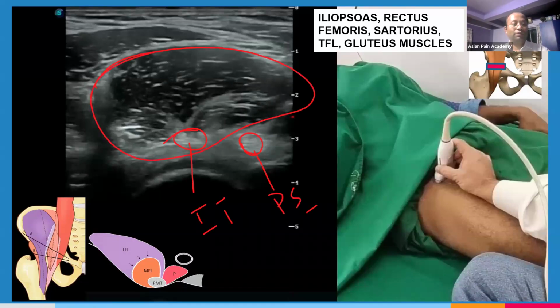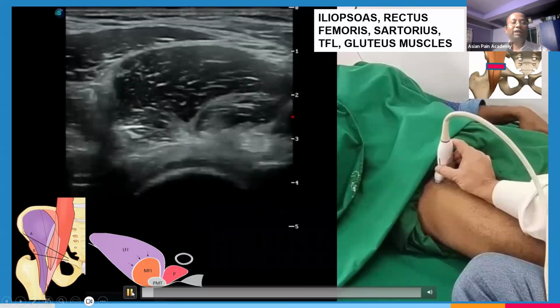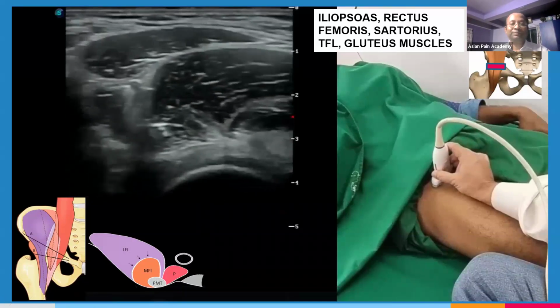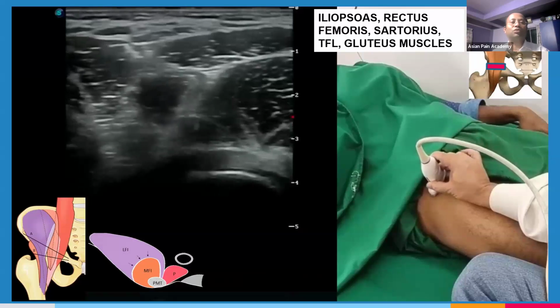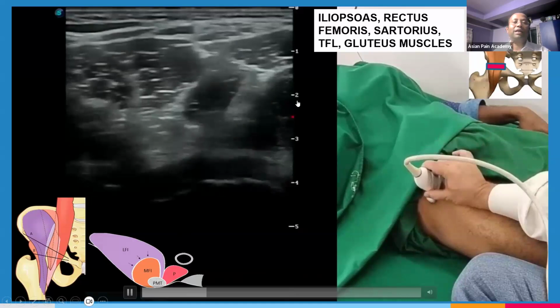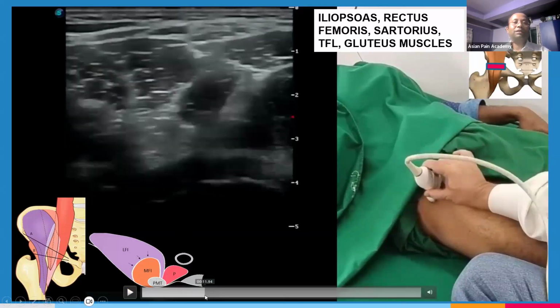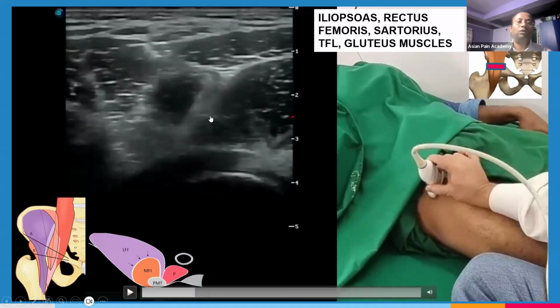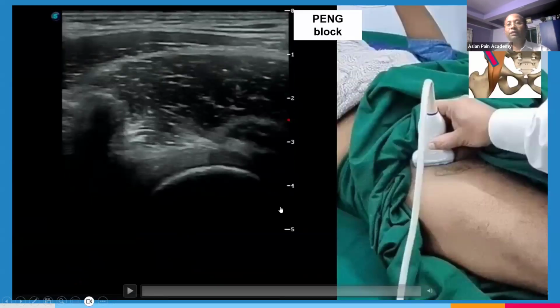Now we are moving laterally. So at this area, we know that a total of 4 muscles were there. So over the femoral head, iliopsoas, we have seen. So what other muscles? I think most of you know.